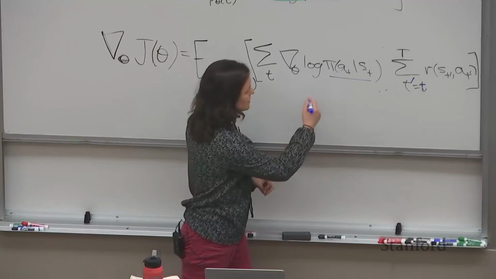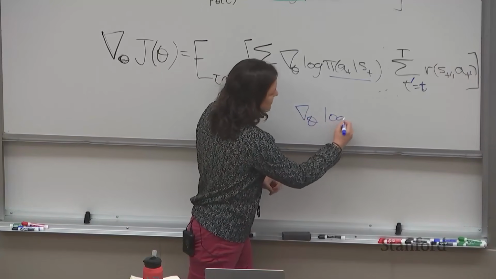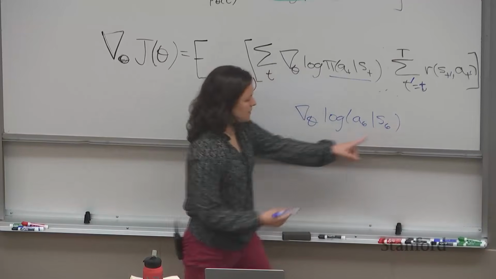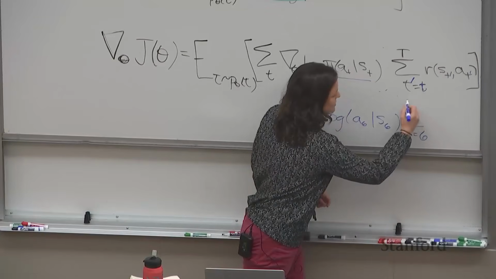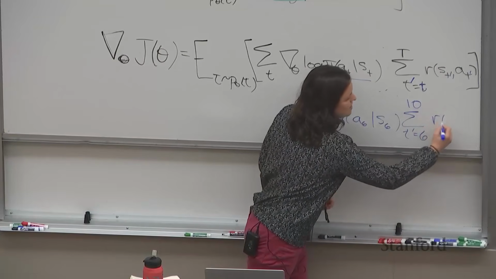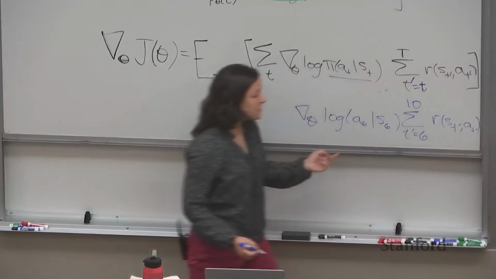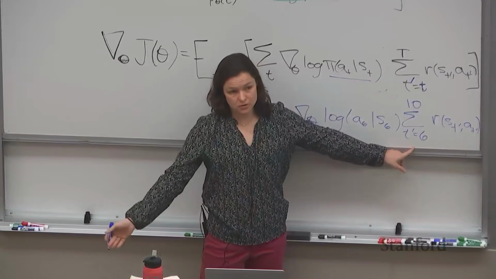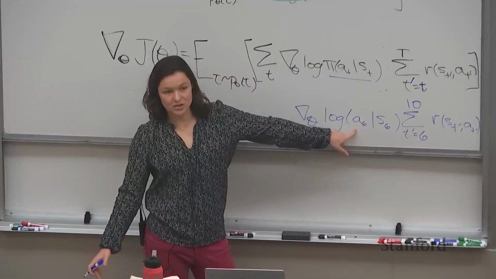What this will look like is grad log of A6 given S6, and then a summation from t prime equals 6 to 10 of R of S_t' A_t'. If you did get a high reward from that action immediately or in the next 4 time steps, then you would increase the likelihood of that action.